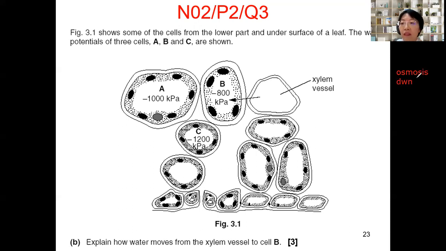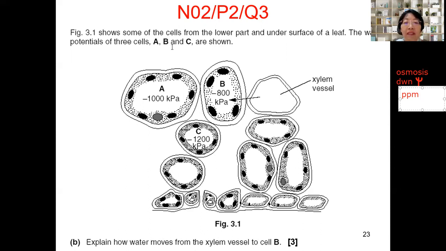Through a partially permeable membrane, PPM. So that is 3 points here already. So I give you 2 points, Pei. Anyone got any more points that you want to add? You can type into the chat.